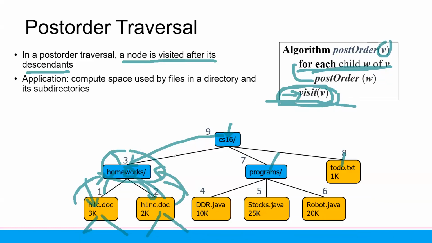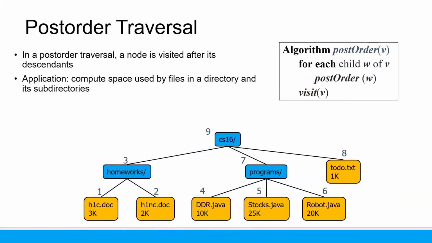After we visit this, we go to the next child, because there is another child, so we go to this child. Is there any other child? No child. Then we will visit. That's the difference between the pre-order and post-order.